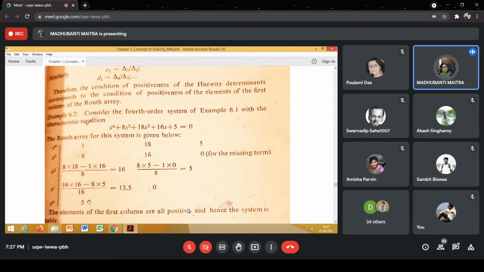Please note down this point. Routh stability criterion and Hurwitz stability criterion, often called Routh-Hurwitz stability criteria, provide us the information about the absolute stability of a system. What is absolute stability? Basically, yes, no criteria.